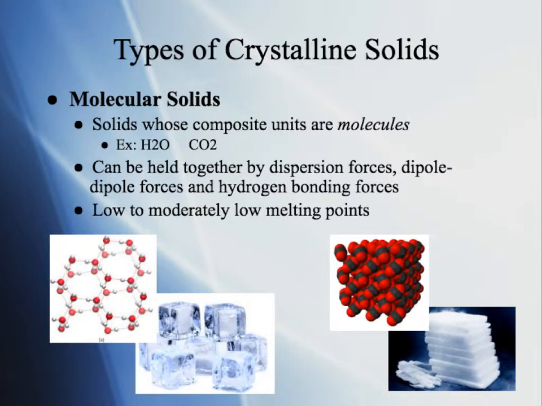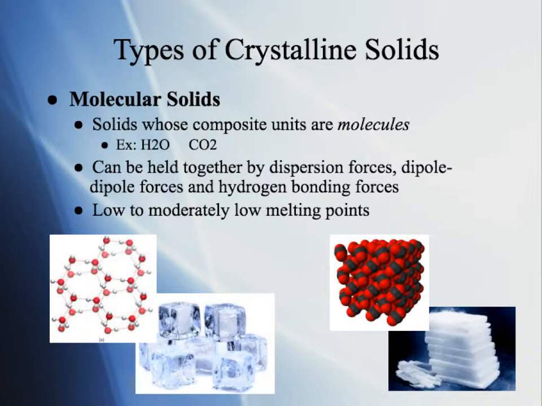These solids form little crystals, but they're covalent, so they'll be held together by dispersion forces, or perhaps dipole-dipole or hydrogen bonding. We're not going to see any ion dipole, because none of these are ionic.